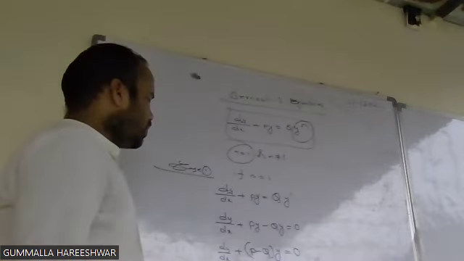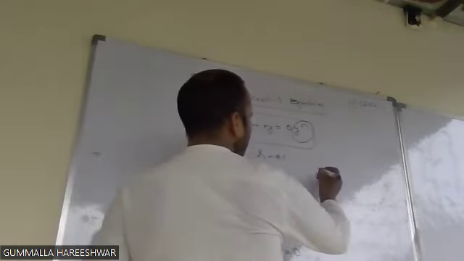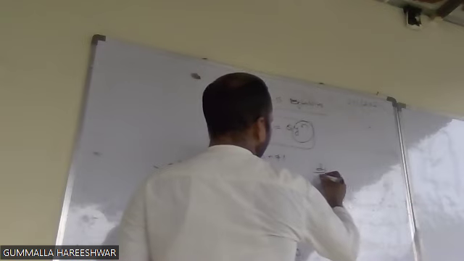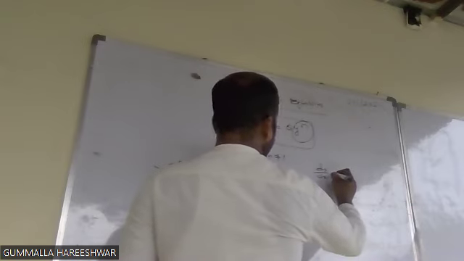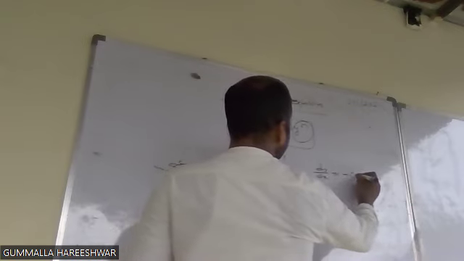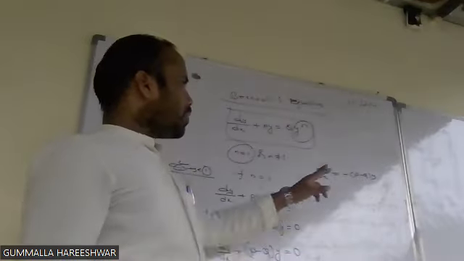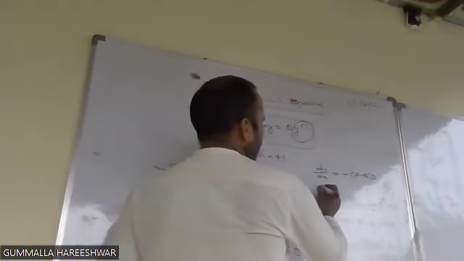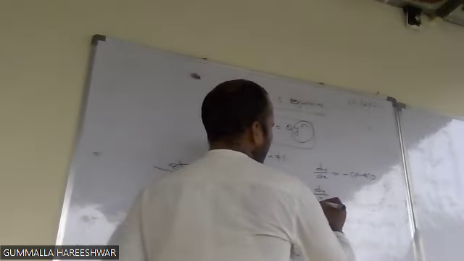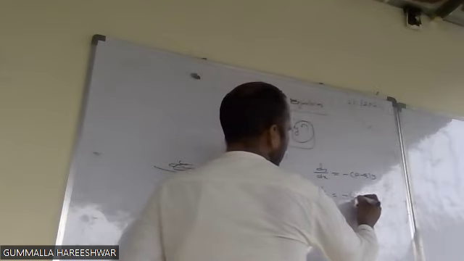Now separating the variables, dy by dx equals minus (P minus Q) y. When we separate the variables, we get dy by y equals minus (P minus Q) dx.